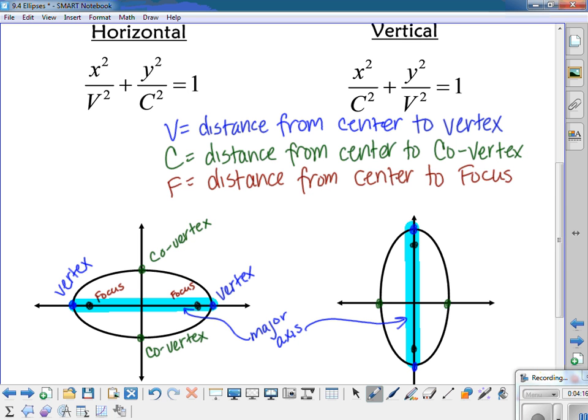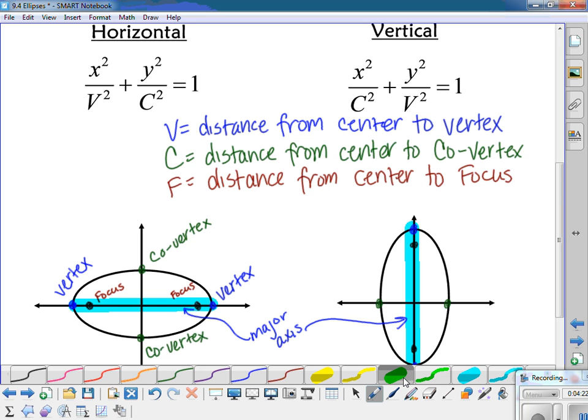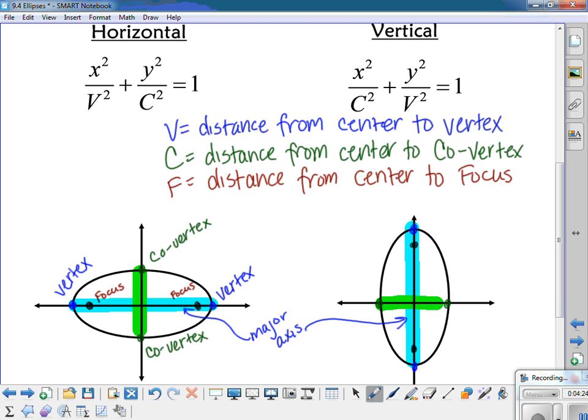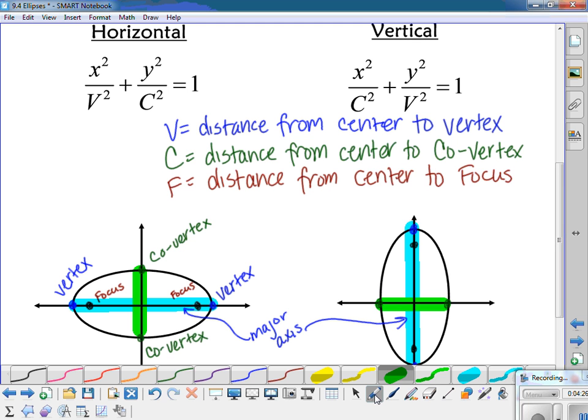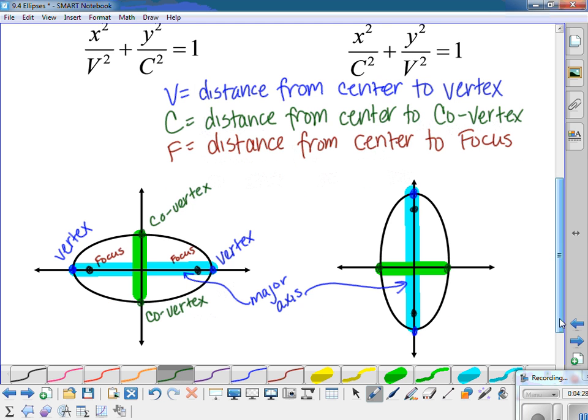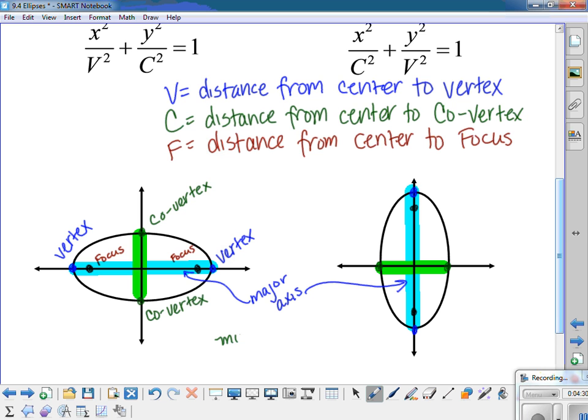And then the minor axis is going from co-vertex to co-vertex. It's the shorter one, basically. Okay.